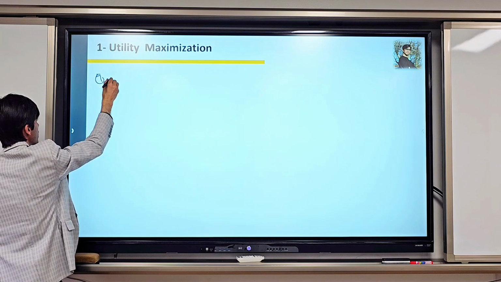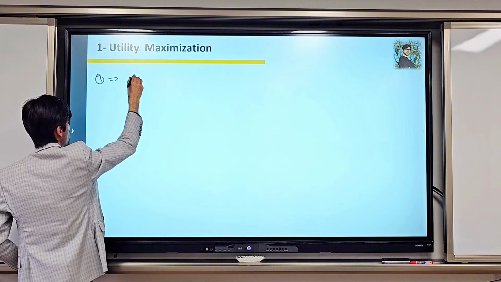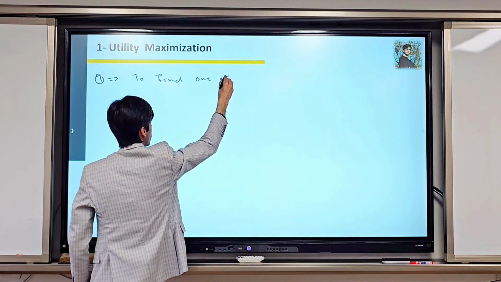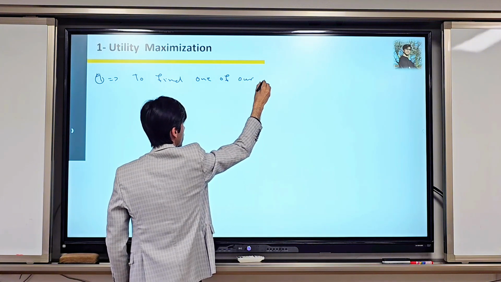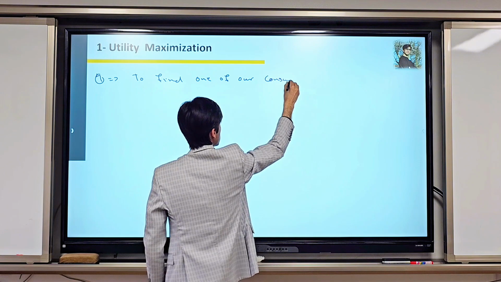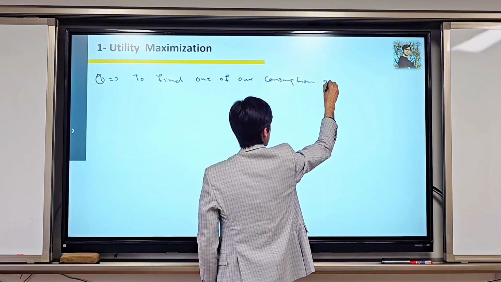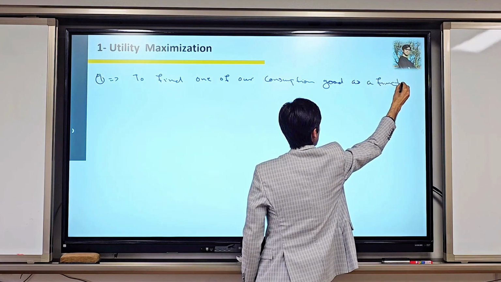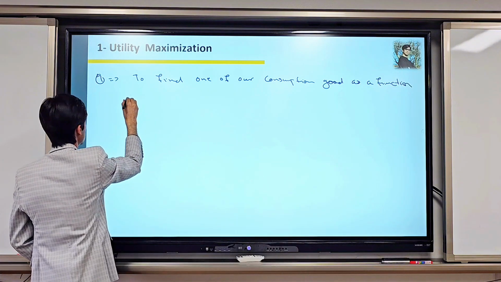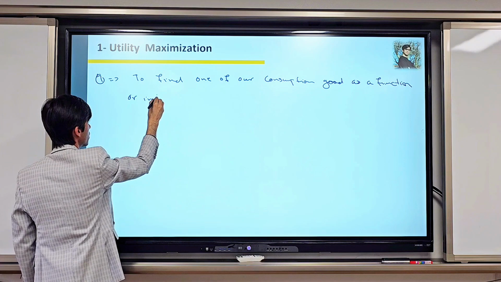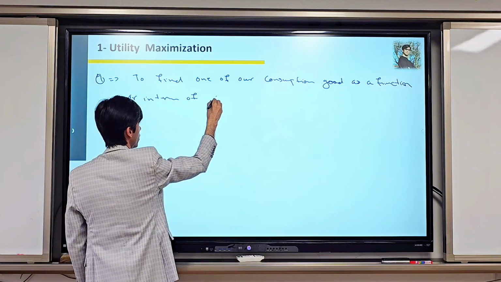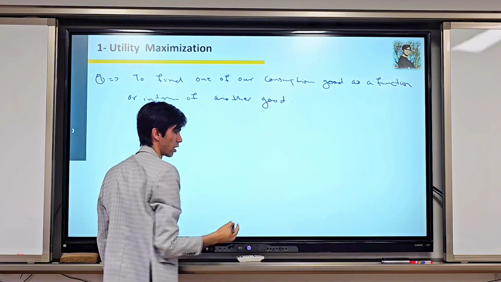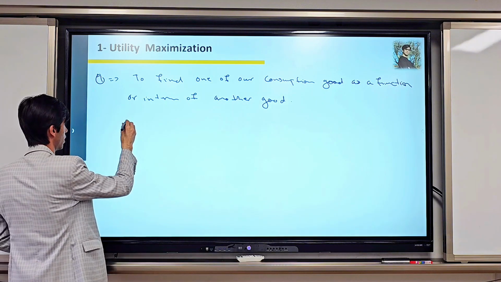Fourth. The fourth step is to find one of our consumption goods as a function of, or in terms of, another good. For example, we will work on an example as well.